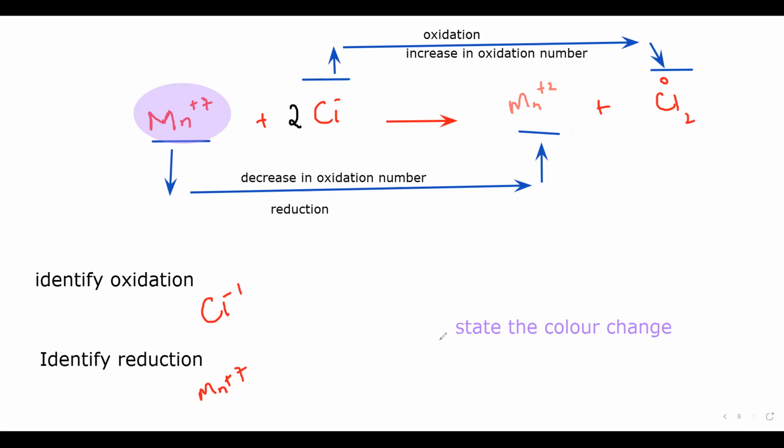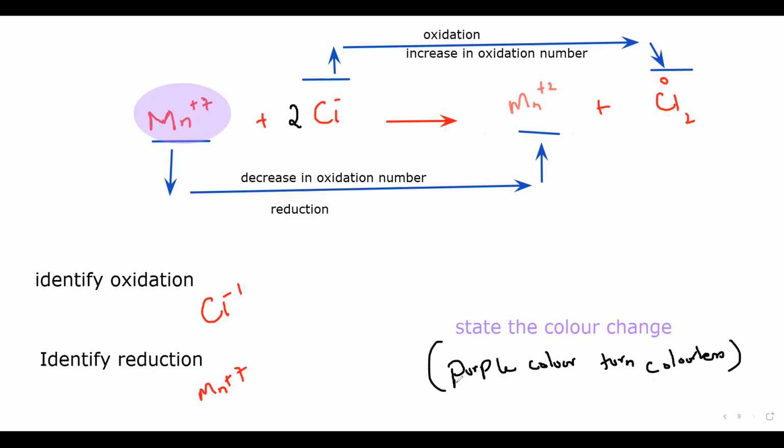So what is the observation? What will we see when this reaction occurs? We will observe that the purple color will turn colorless, or you can say the purple color will disappear.